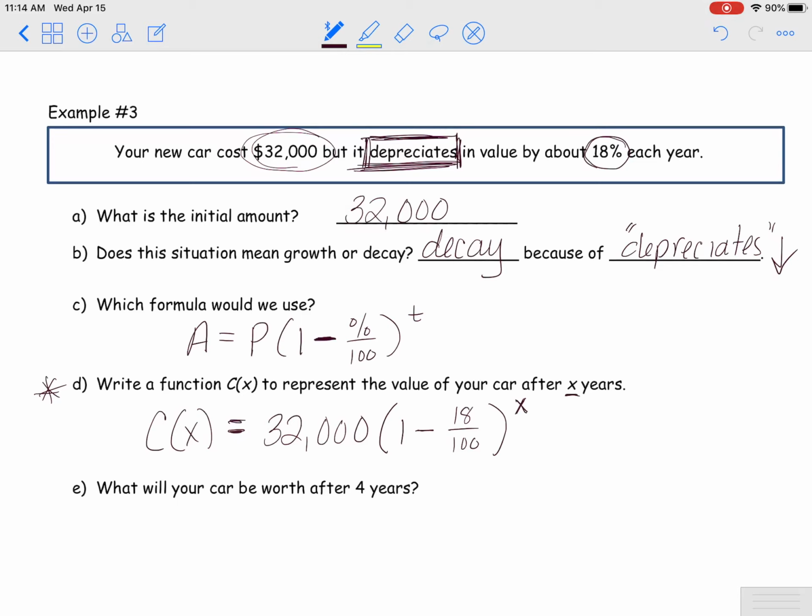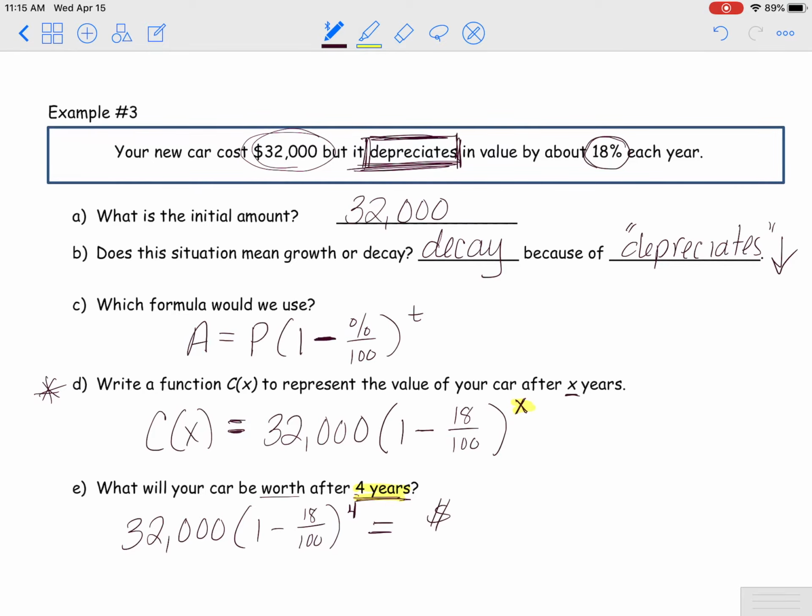So there's my equation. Part E, what will your car be worth after 4 years? Well, there's some time, so it looks like I'm just going to rewrite everything but replace it with a 4. So 32,000, 1 minus 18 over 100 raised to the 4.